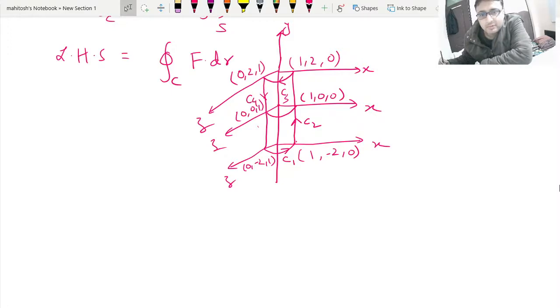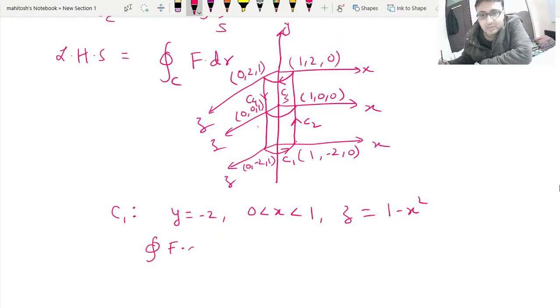So I start with my C1. In C1 we can see that y is minus 2, and x varies from 0 to 1, and z is 1 minus x square.